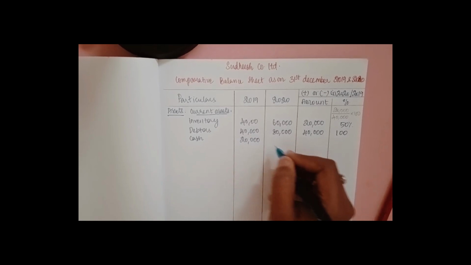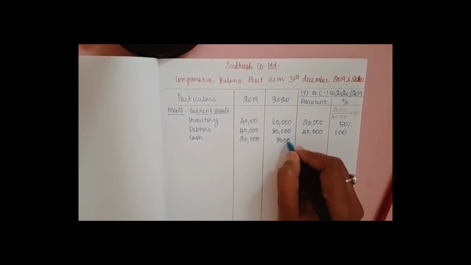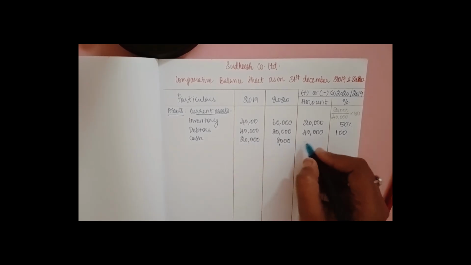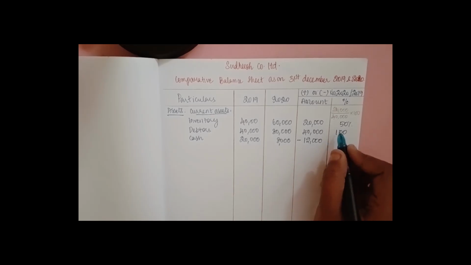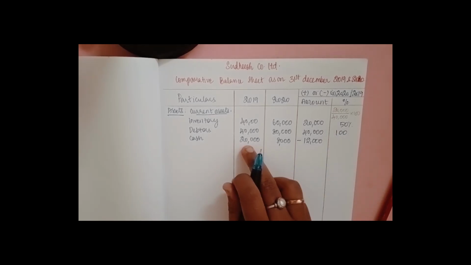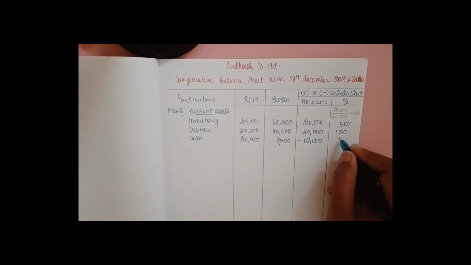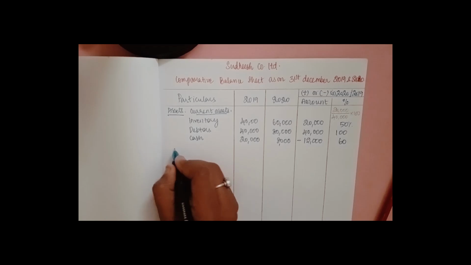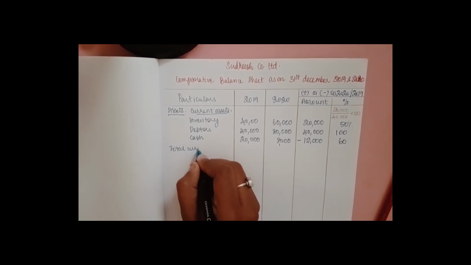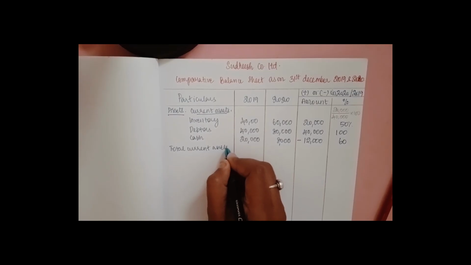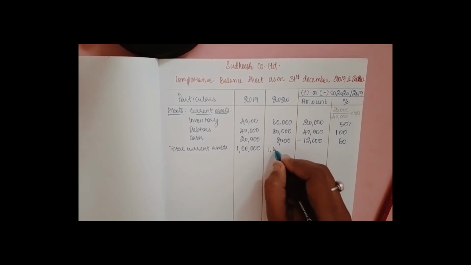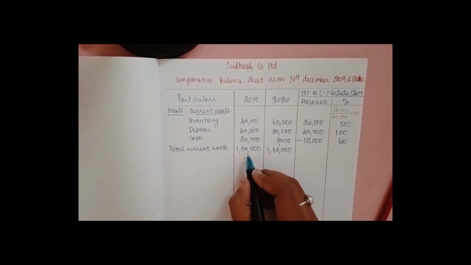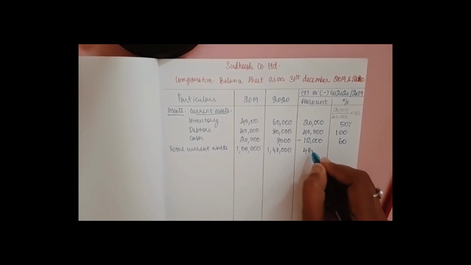Next one is cash. In 2019 it is 20,000, in 2020 it is 8,000, and it has decreased. So it is minus 12,000. If it comes in minus, does the format change? No. The same 12,000 divided by 20,000 into 100. So it is 60%. So the total current assets value is 1 lakh, and 1,48,000 for this column, and it has increased by 48,000.